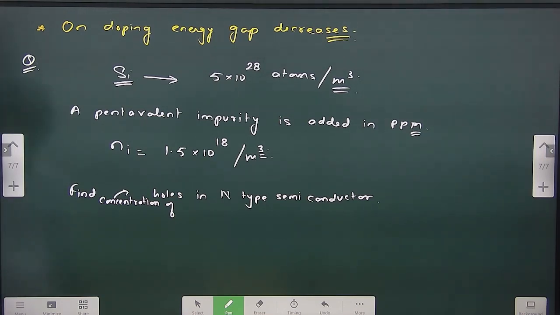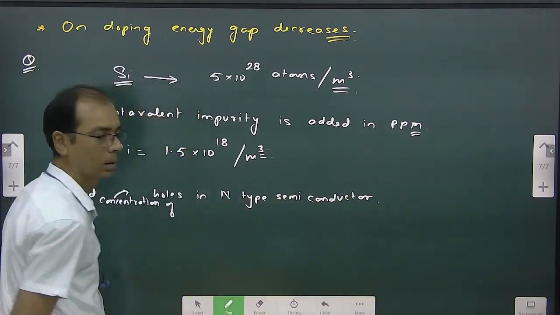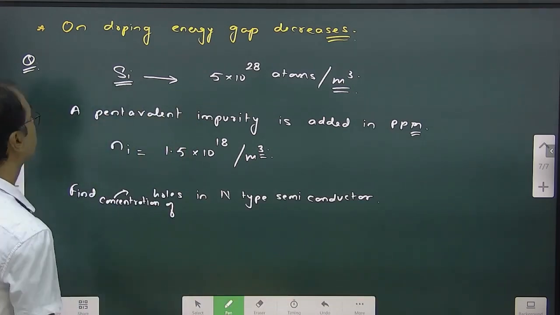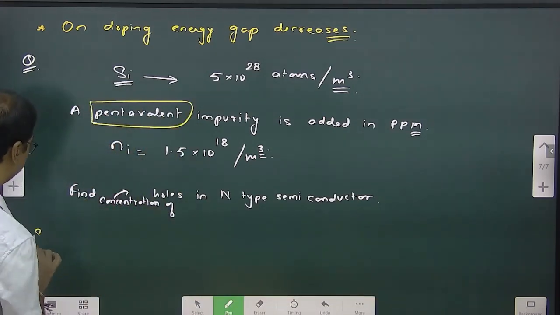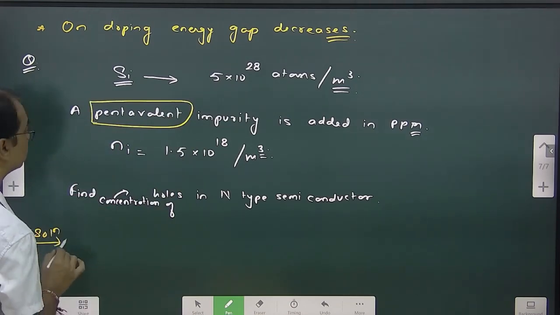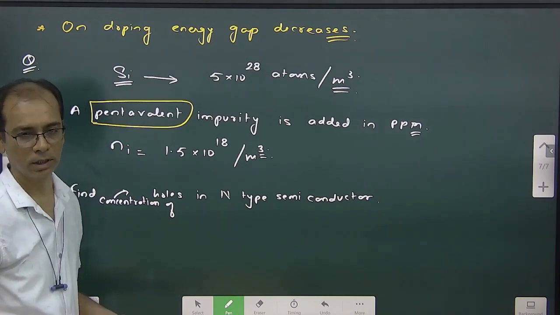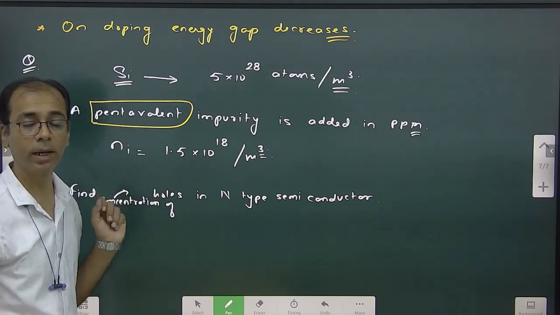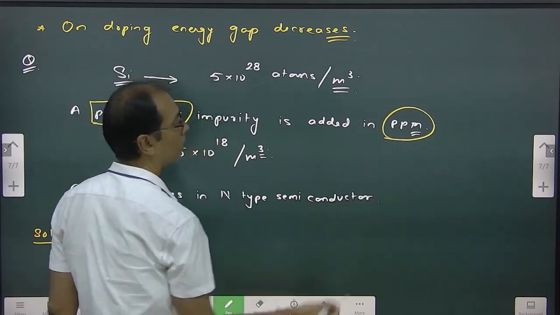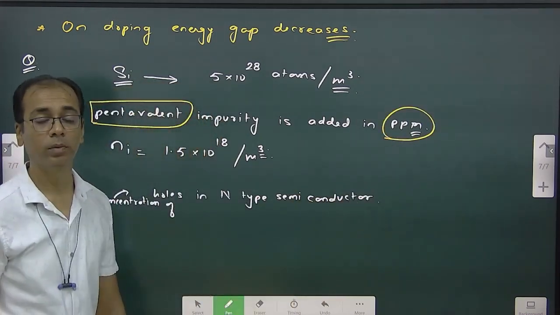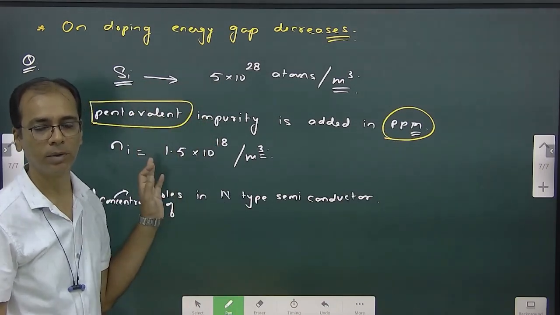Pentavalent impurity means what? It's a donor impurity. So how many electrons are we adding? This is donor, so it will add electrons. It says ppm: 1 in 10 to the power 6 atoms of silicon we are adding this pentavalent impurity.